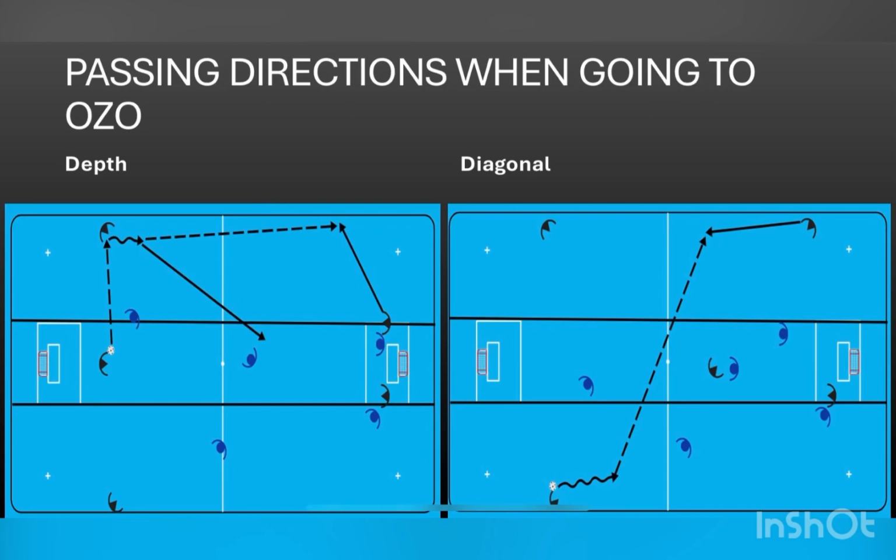On the left hand side you will see a player playing the deep pass, going directly to the depth, and the player receiving the ball there. On the right hand side you will see a diagonal pass being played. Of course those diagonal passes, especially the long ones, are harder to find in the field, and they require some sort of spacing to open.